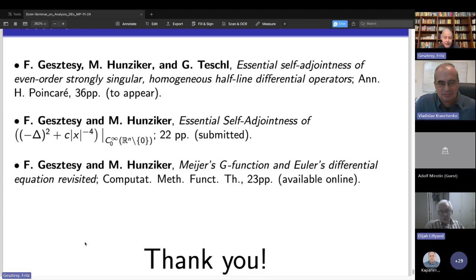At least we couldn't. And I'm still a little surprised by this, because you would think the Euler equation is such a well-studied object, but apparently not the underlying eigenvalue equation. So that was a big surprise to us. We would never have had the idea to study this had we not been led to it because of the essential self-adjointness problems. They naturally lead to this eigenvalue differential equation.